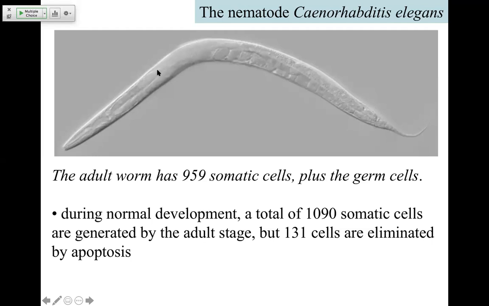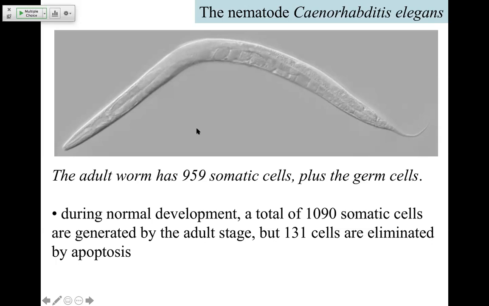They only have a few different cell types. They're transparent. And because of all of those features, we can follow every single cell from that first zygote, every single cell division, as well as death of individual cells.